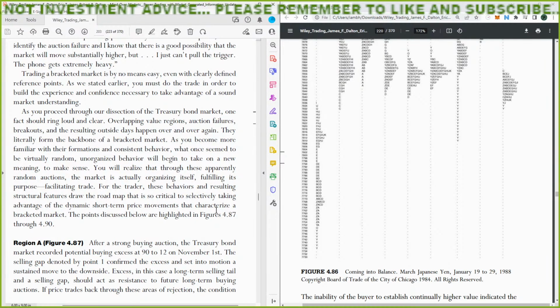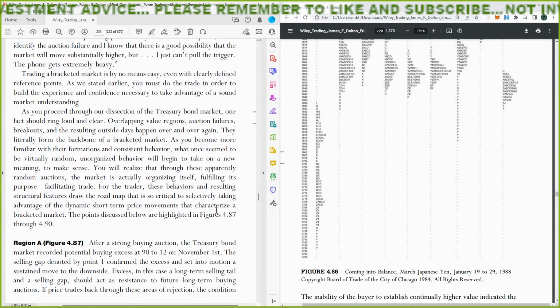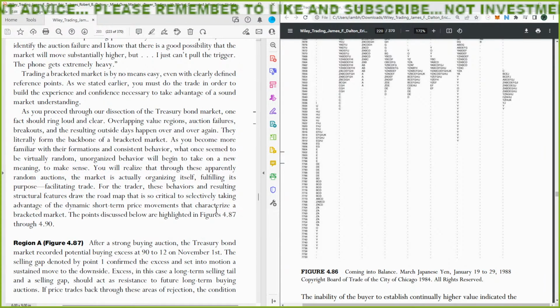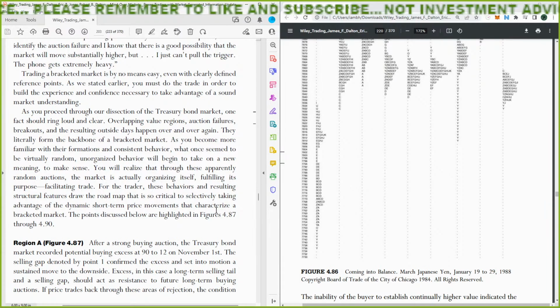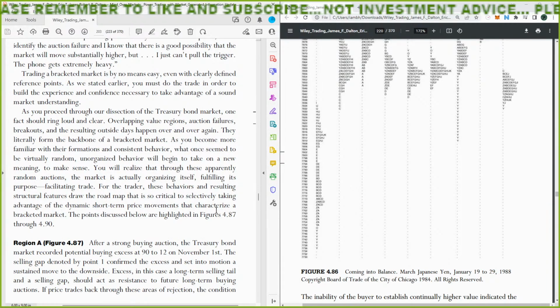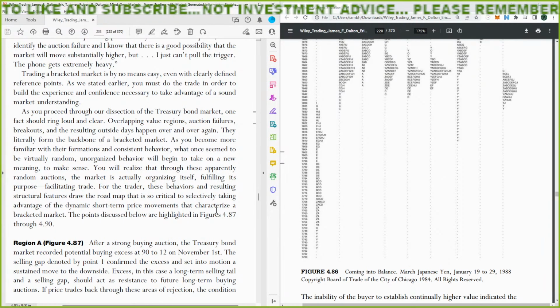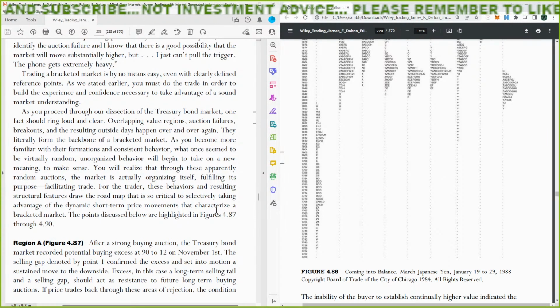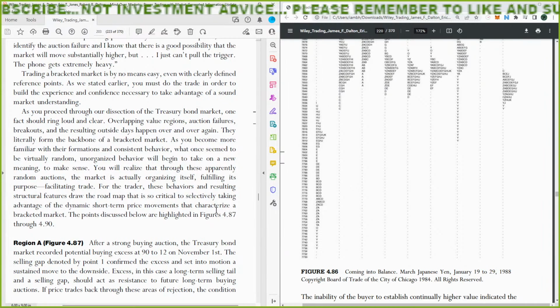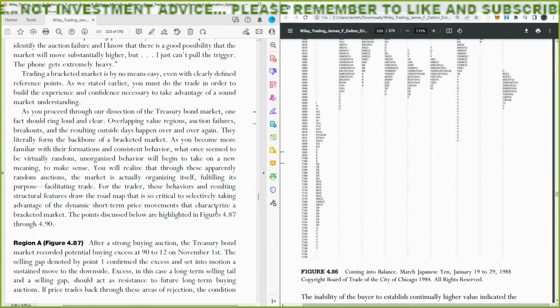As you become more familiar with their formations and consistent behavior, what once seemed to be virtually random, unorganized behavior will begin to take on new meaning and make sense. You will realize that through these apparent random actions, the market is actually organizing itself, fulfilling its purpose, facilitating trade.